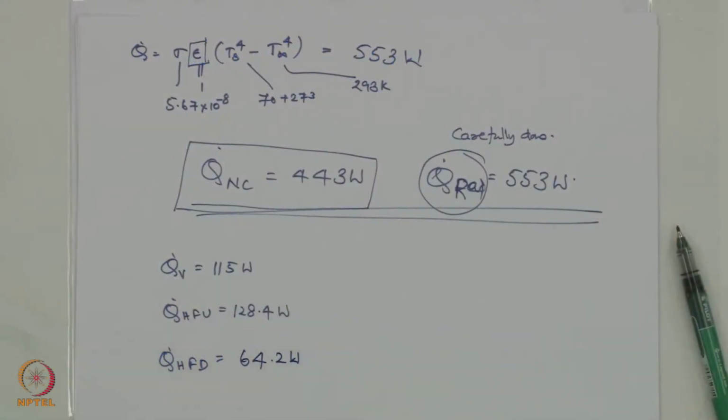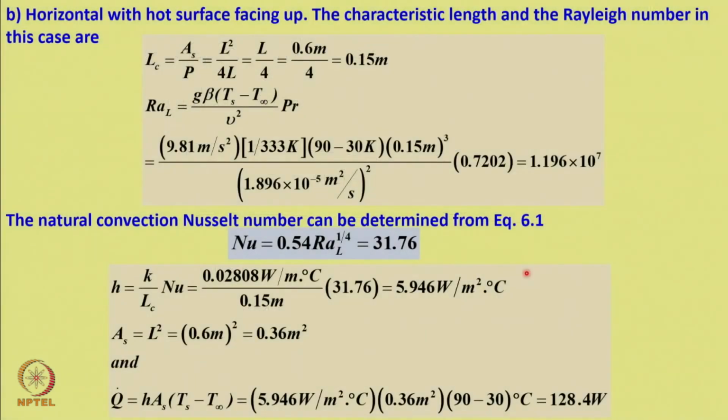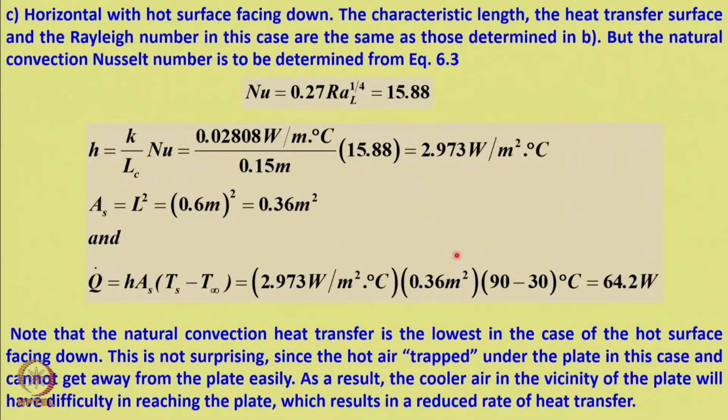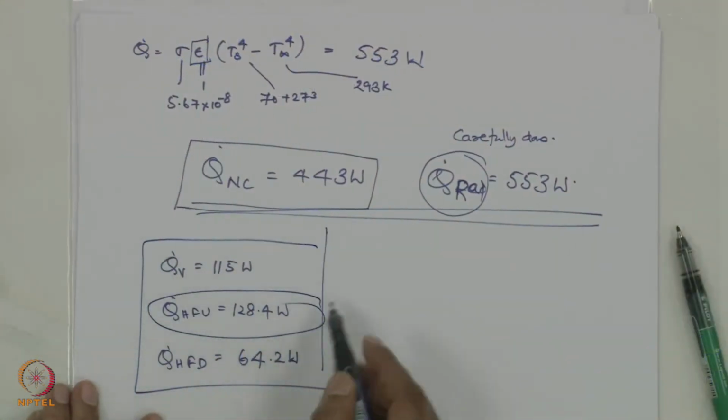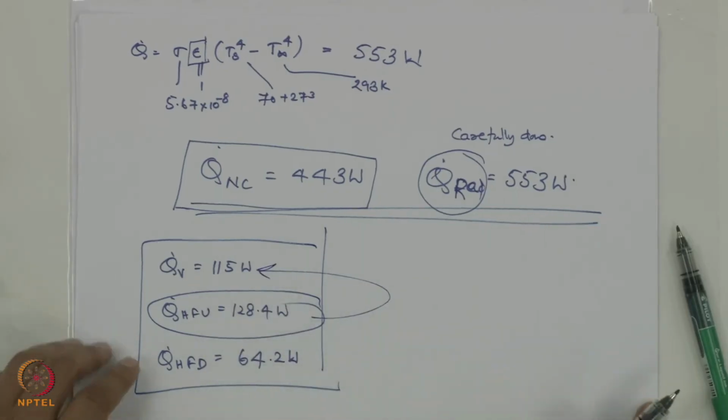Remember, in all of this, the Rayleigh numbers are so low that they are all laminar, so I have taken only the corresponding correlations. So you see, the horizontal facing upwards heat transfer is greater than that of the vertical. That is the understanding we get through problems.